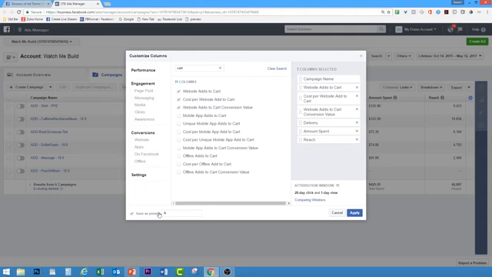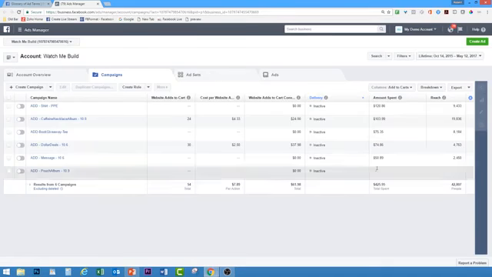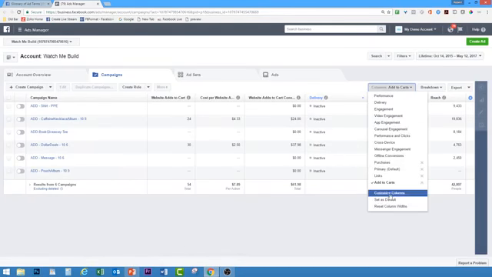Add the carts. Apply, right? Yep. And then the next one would be purchase.